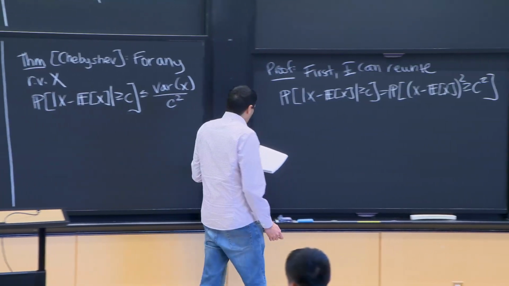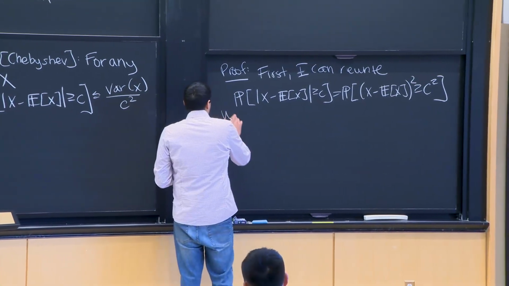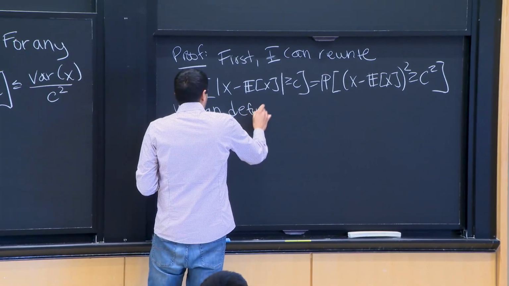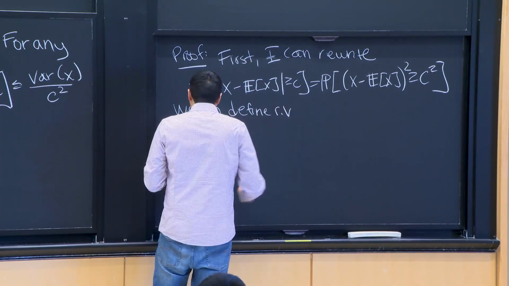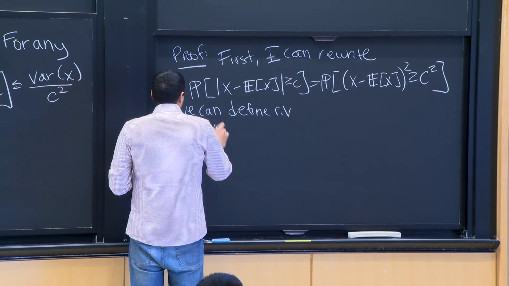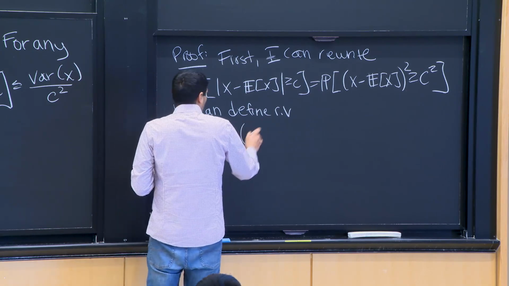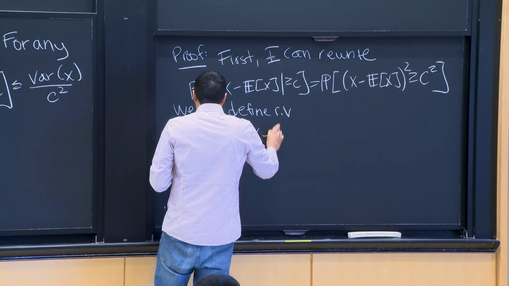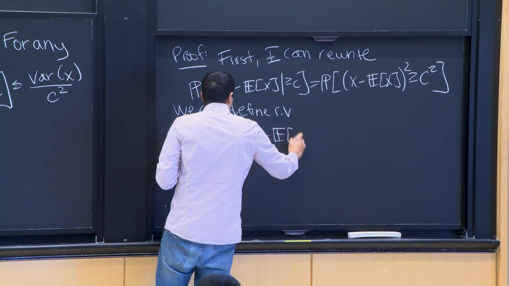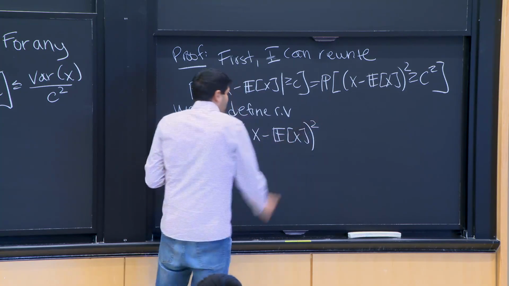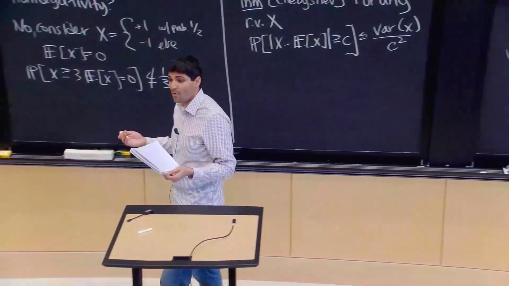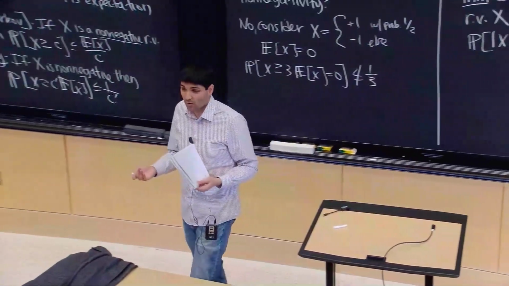And now here's the really cool trick. What we're going to do is define a new random variable. I'm going to call this random variable y, and it's going to be equal to just the thing that shows up on the right-hand side, (x minus the expectation of x) quantity squared. See, I told you in Chebyshev we're going to appeal to Markov's bound in order to prove it.